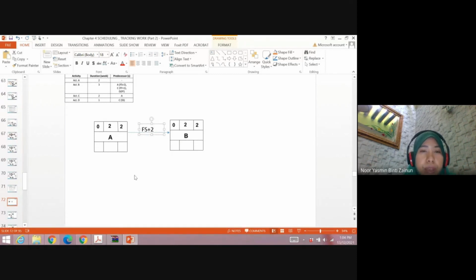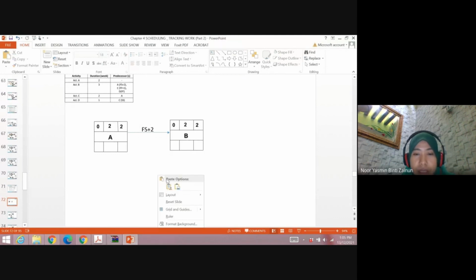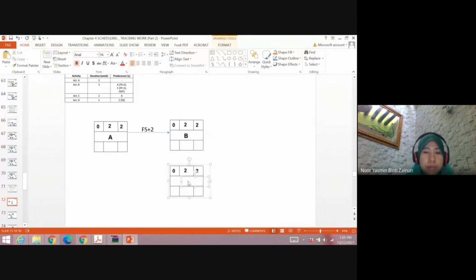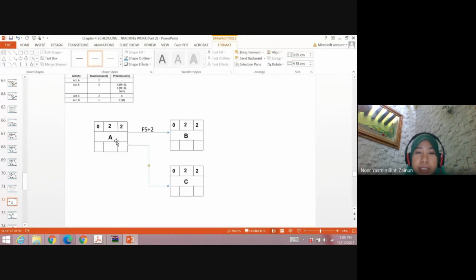And then we have activity C, whose predecessor is A. Okay, means that from node A, we have another activity, which is C. Activity C, the predecessor is A. And the relationship is finish to start. Okay, after that, you can actually link the predecessor for activity B, because C is already here.